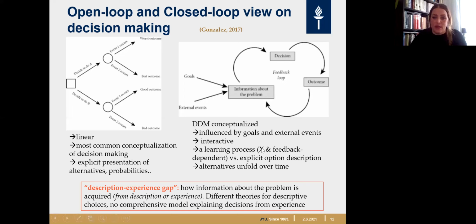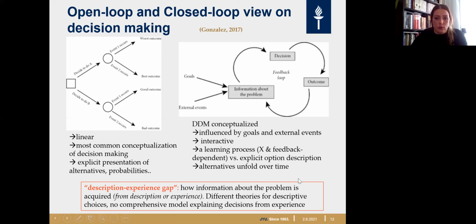The X means experience here, to save some space, and it's highly feedback dependent. So it's an iterative loop, and it doesn't often contain explicit option descriptions, but the alternatives unfold over time through the iterative process.